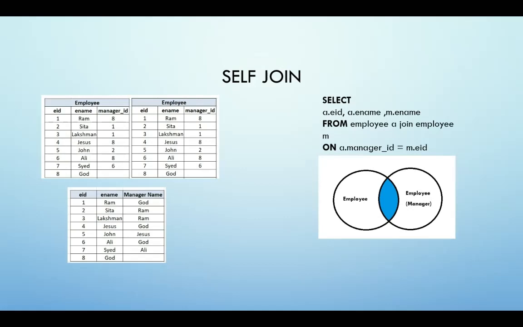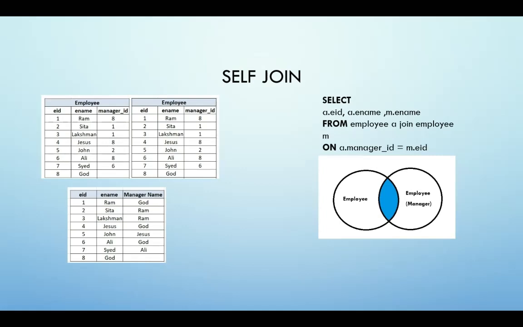So using the same employee table, you need to get the employee level information and also the manager level information. For those kinds of requirements, you would go with self join. Self join is almost equal to your inner join, but the only thing is that you will not have 2 tables; only a single table will participate in the join criteria.